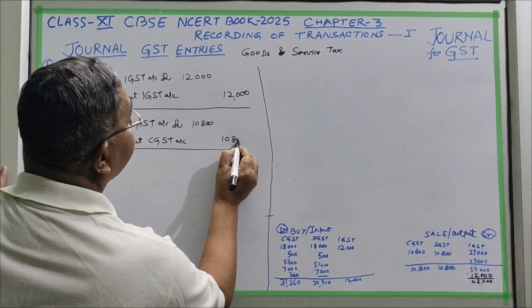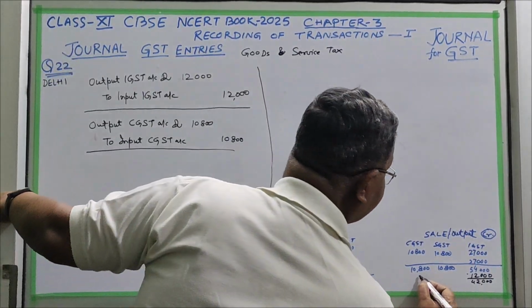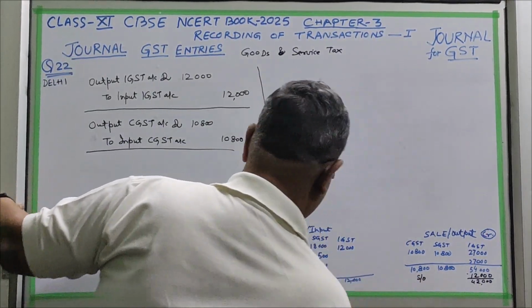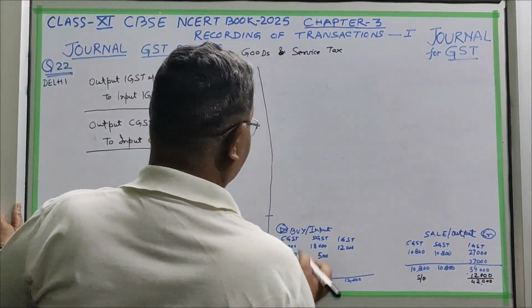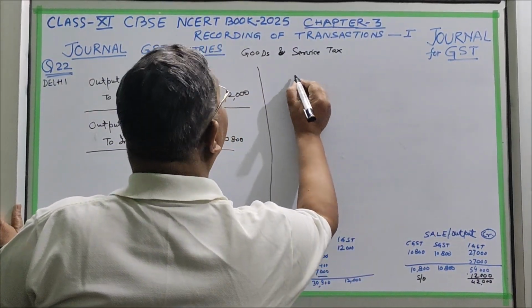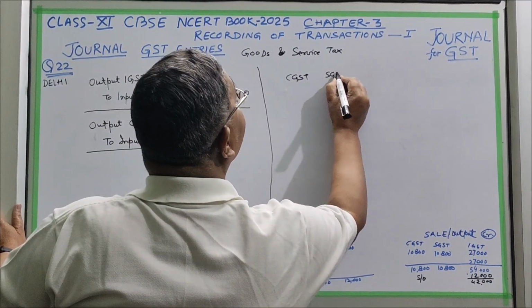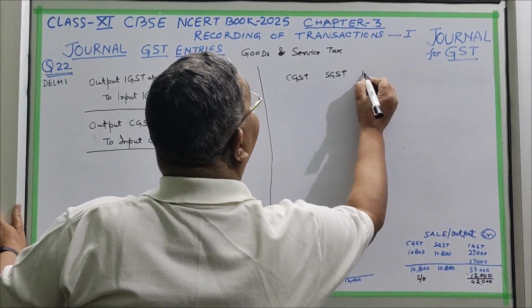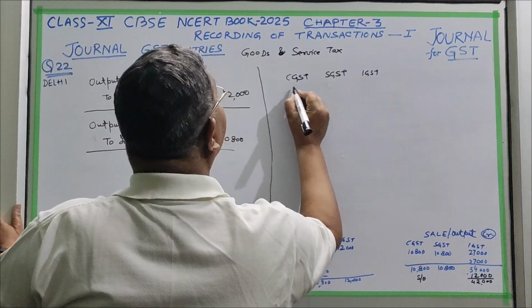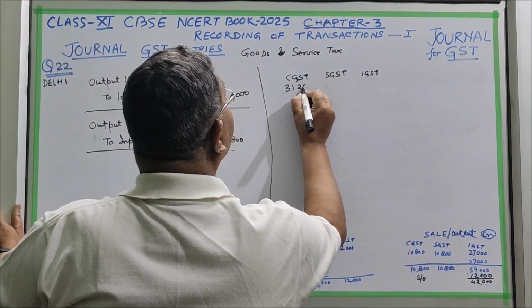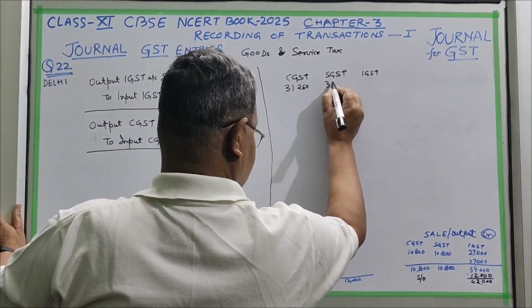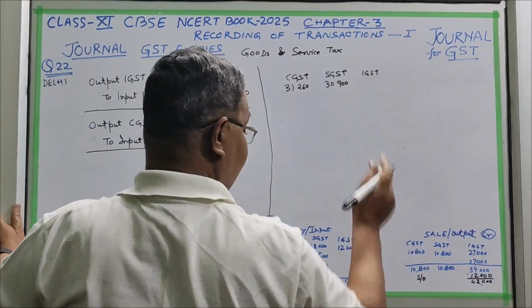I am writing here CGST, SGST and IGST. One is 31,260, one is 30,900, and this 12,000 of course is already set off.